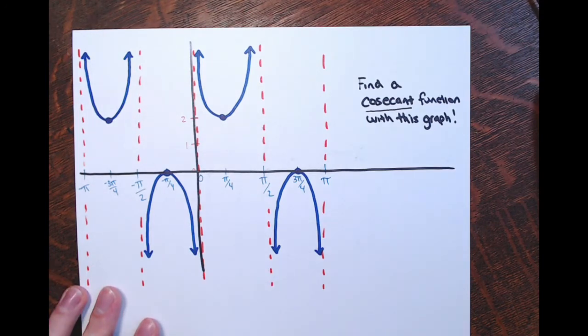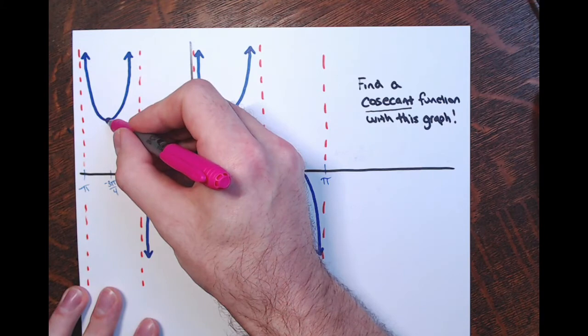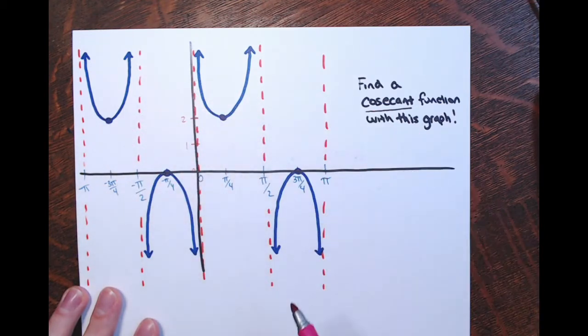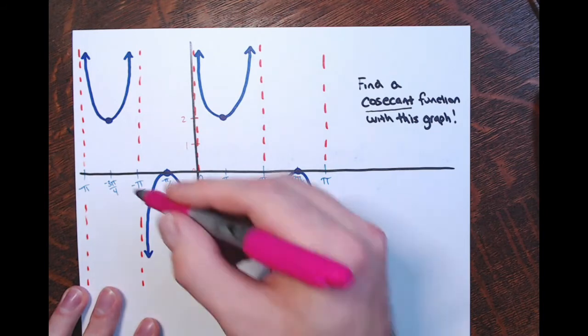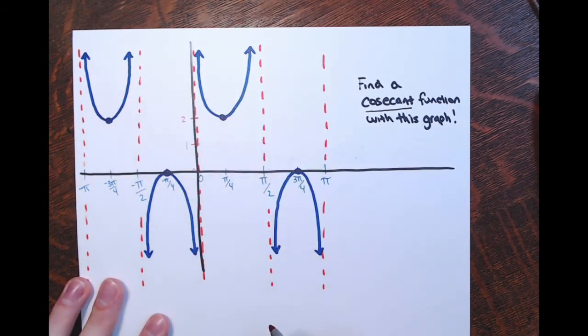Flip it over. So again, where the hills and valleys are on the cosecant function will be the top of a hill, bottom of a valley for the sine wave.